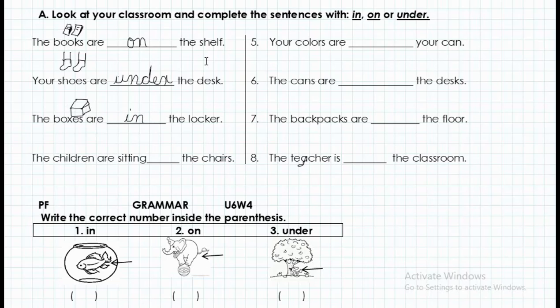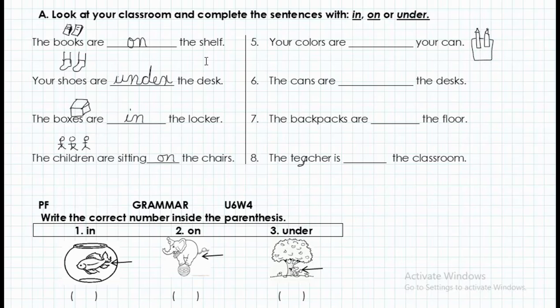Number 4, the children. The children are sitting on the chairs. Let's continue. Your colors are, your pencil colors are in your can, okay?